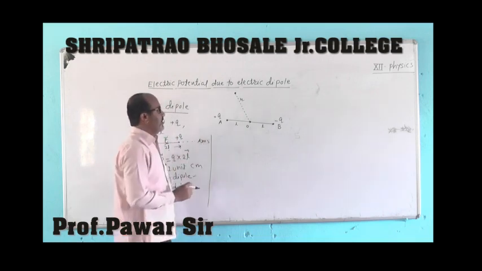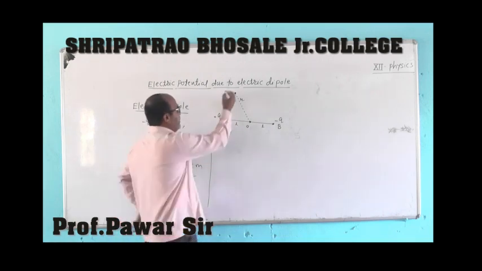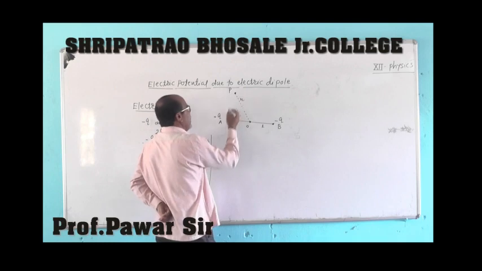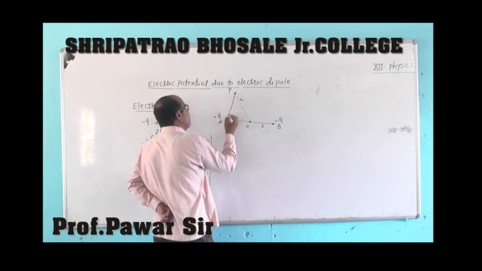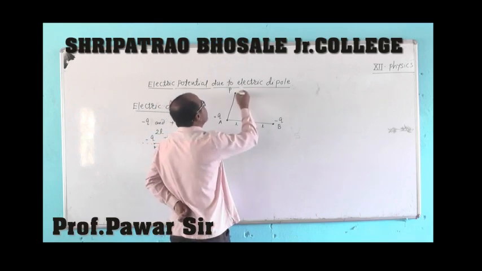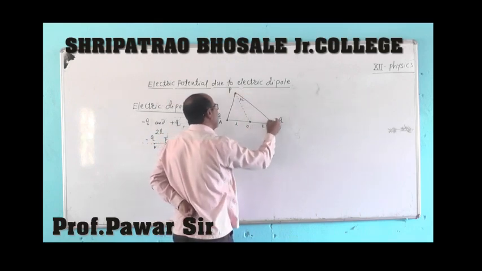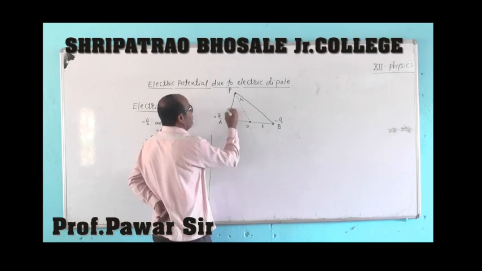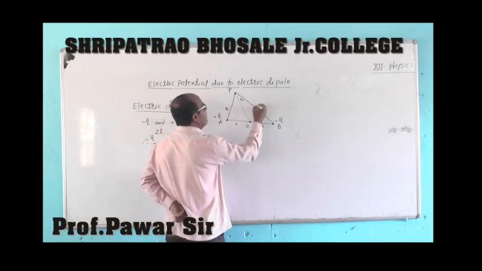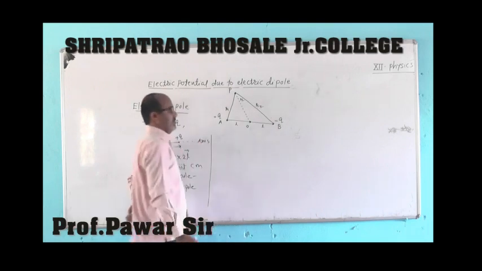To find electric potential at point P due to this dipole, join AP, join PB. Let these distances be r1 and r2.